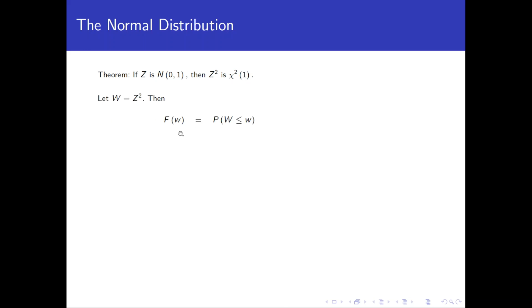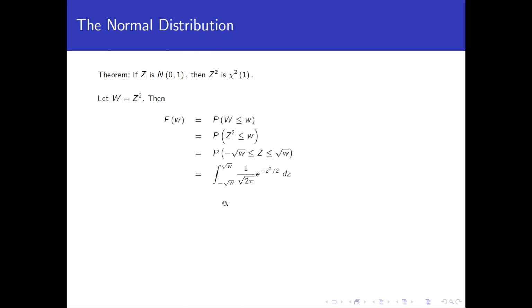Again, let's appeal to the distribution function of z squared. We want the distribution function of w, so we plug in the function of z squared that makes up w, rewrite our inequality, and then rewrite that as an integral.